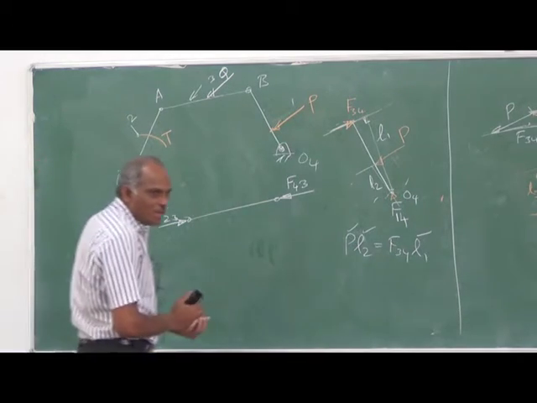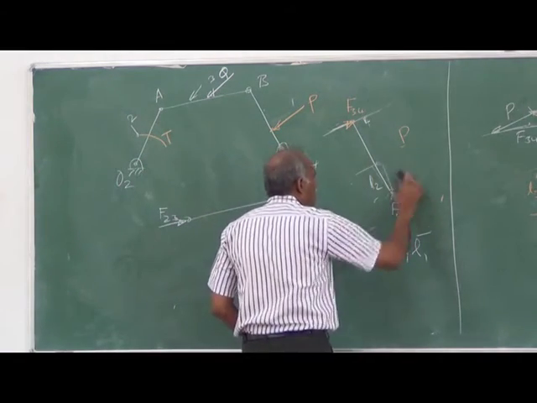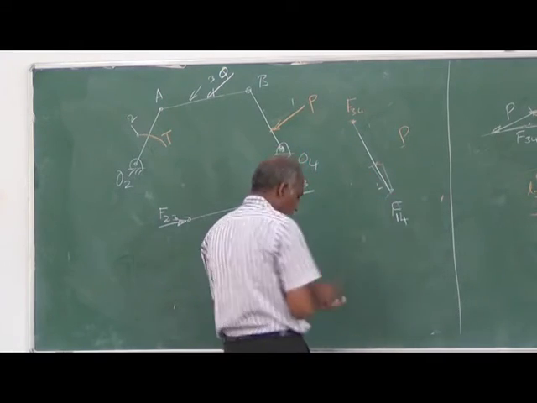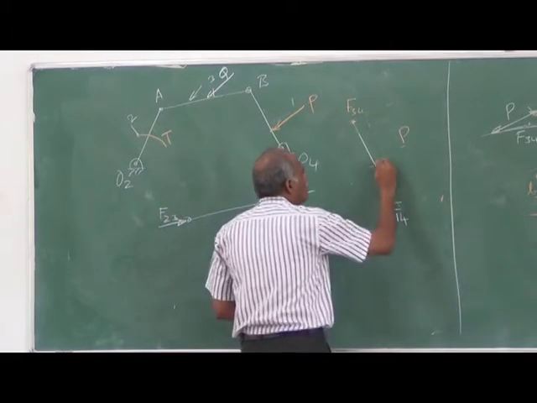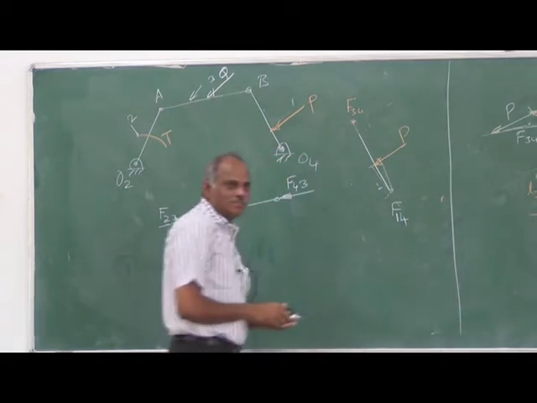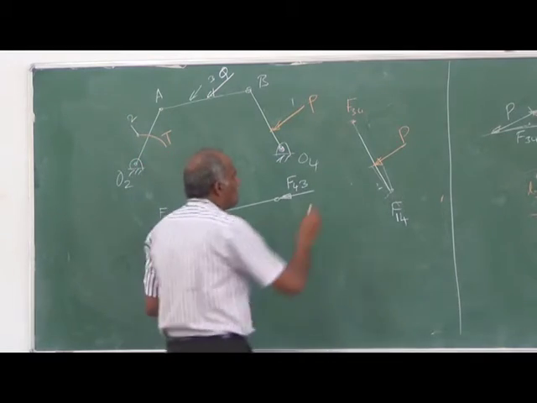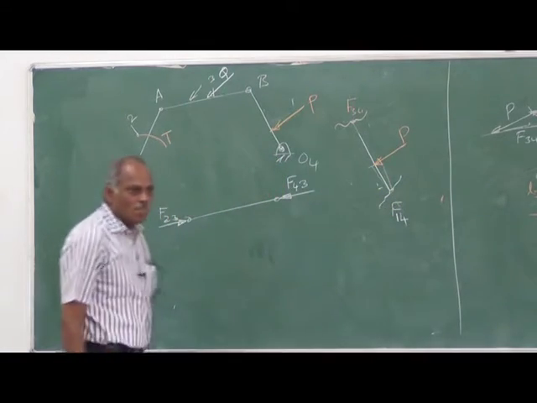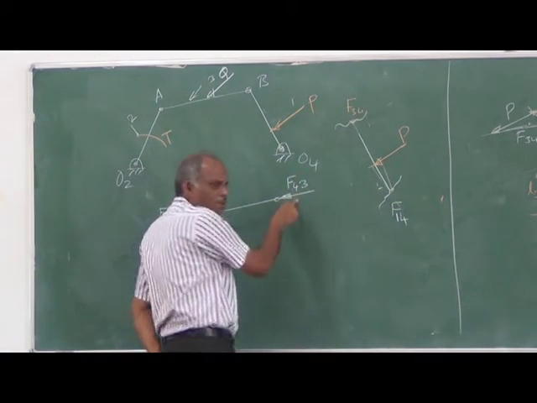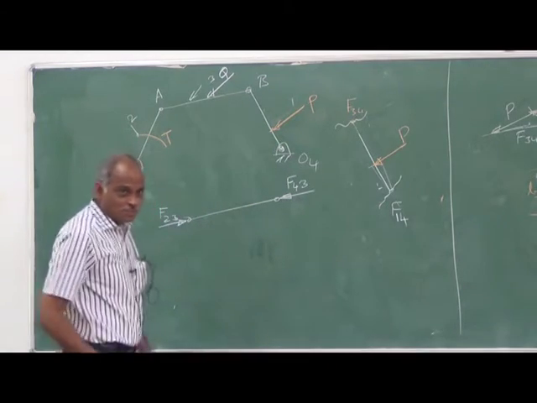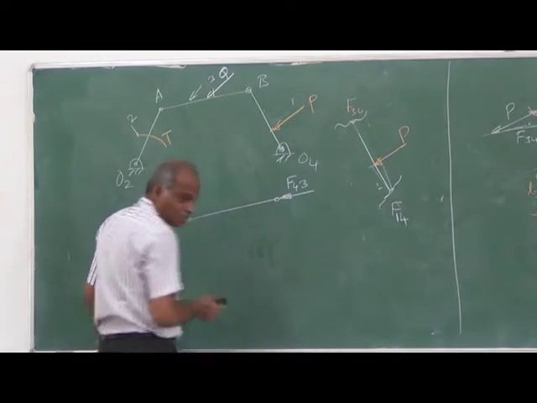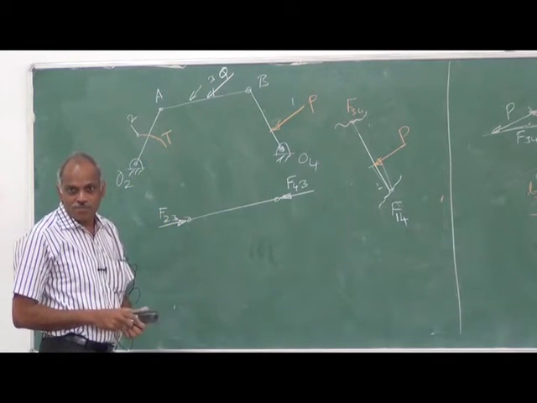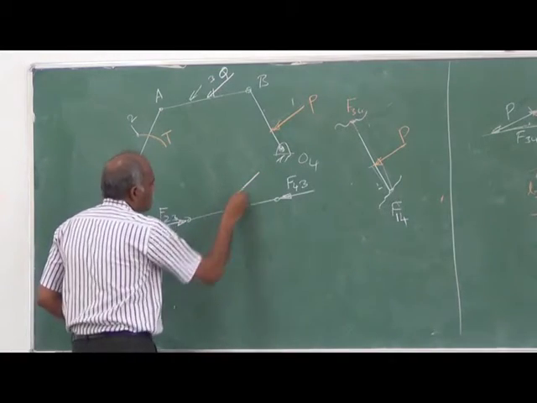Let us start with this. Here we have P acting. The magnitude and direction of this is not known, and this is also not known. Earlier we got F34 from the information of linkage 3, but linkage 3 is no longer a two-force member. It is a three-force member where you have some Q acting.